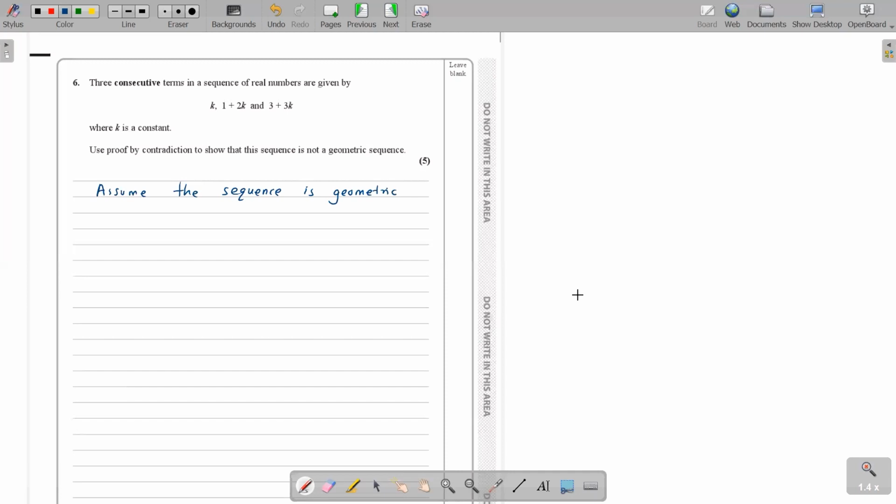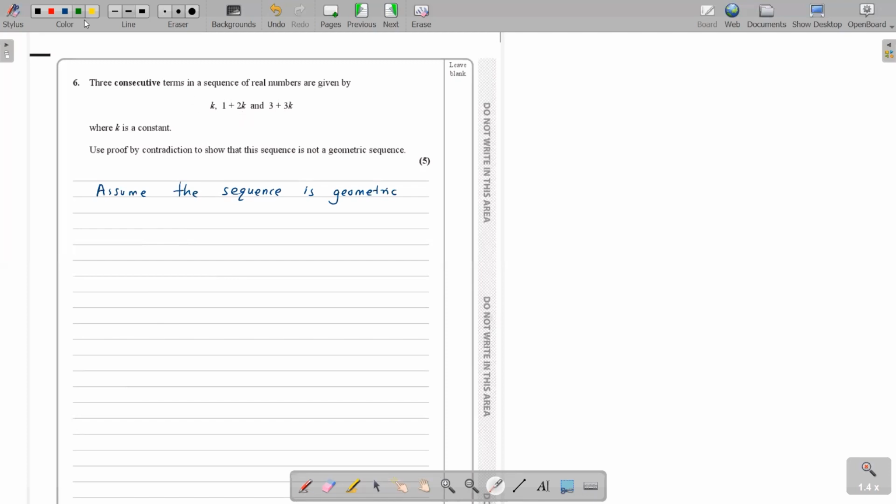Now let's work as if this is a geometric series, and we'll use logical steps to show that our assumption will actually be wrong. We need to prove that this assumption we took, the negative of the statement, is false. Okay. So in a geometric sequence, they've given you 3 consecutive terms. What can we do from 3 consecutive terms if it's a geometric sequence?